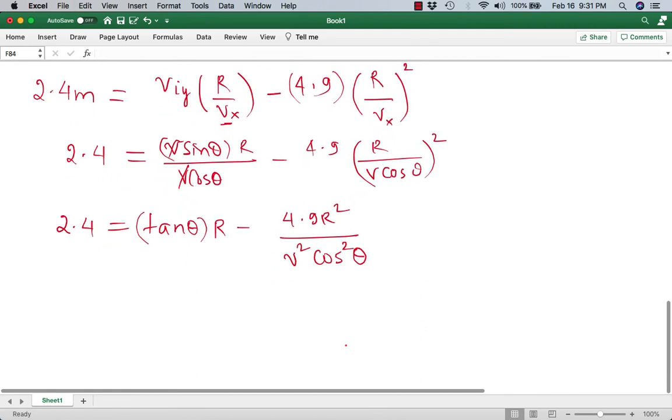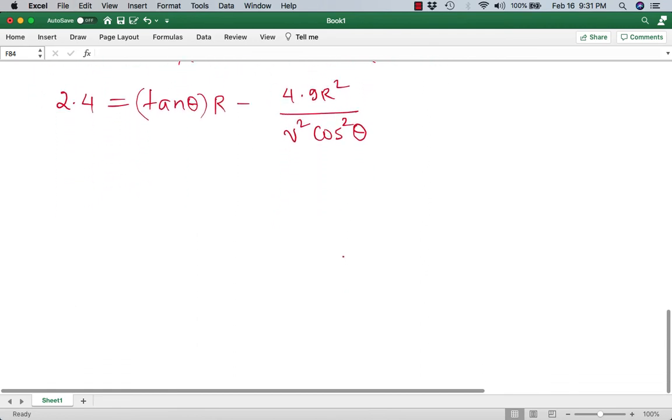Now we need to put V on one side and everything else on the other side, because the only quantity that is unknown in this case is V.